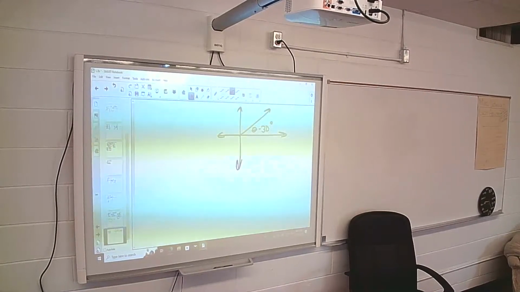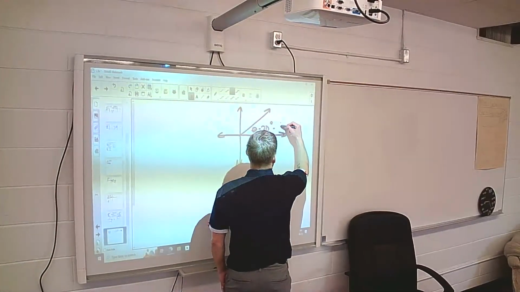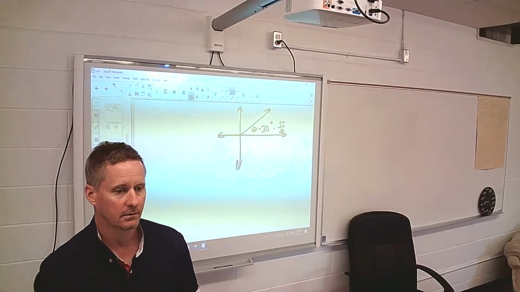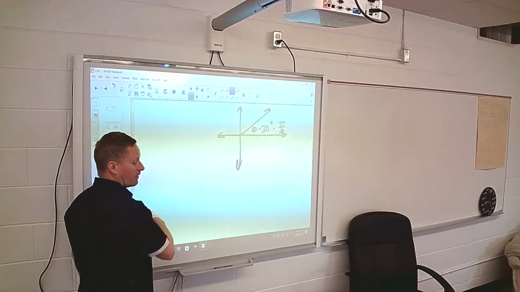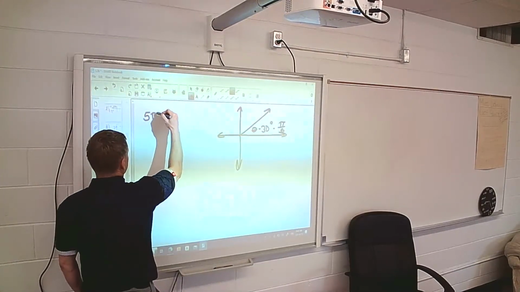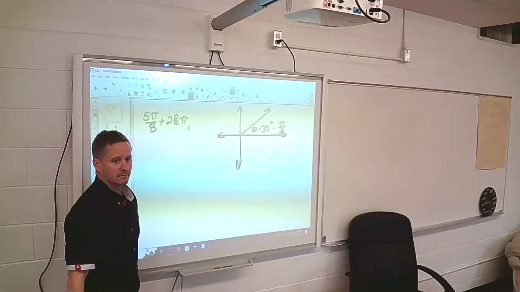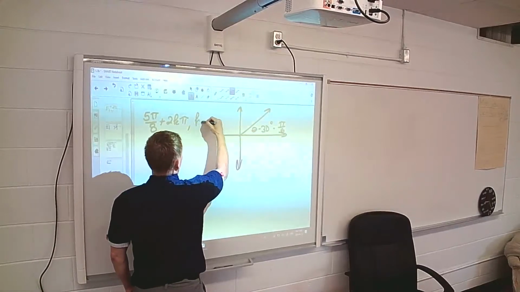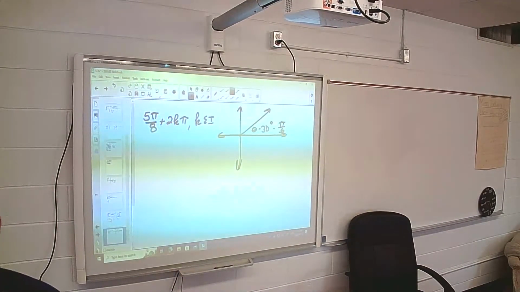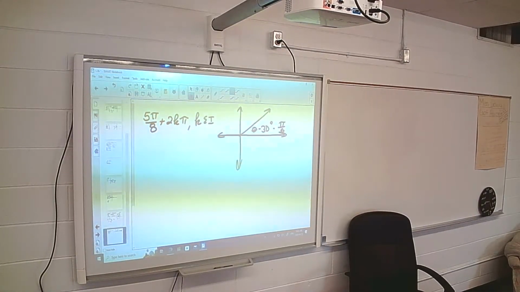390. How did you get that? So if it's in radians, what are you going to add to it to get back to there? So the correct answer for 5 pi over 8 is just this: add 2k pi. 2 pi takes you back to there every single time, whether you add or subtract it.